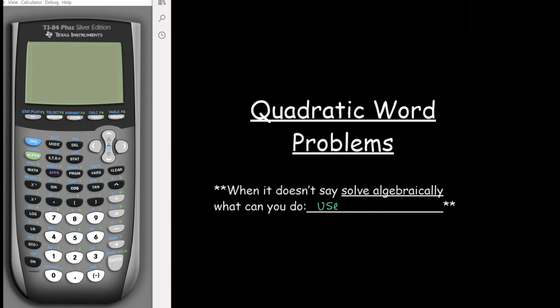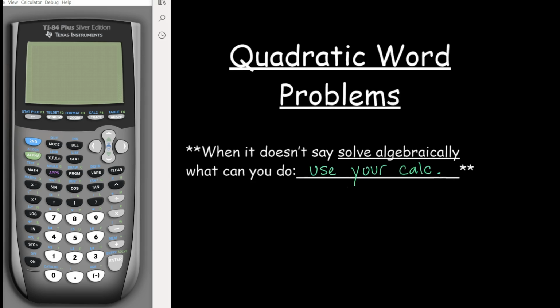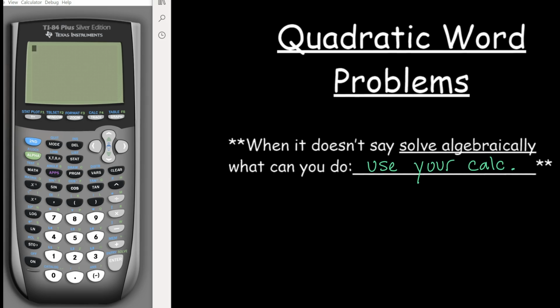You can use your calculator. If you prefer to solve things algebraically, go for it. When I was keying your test, I just solved everything algebraically because that's what I prefer. But of course, I know you guys don't have that love relationship I do with math. Maybe some of you do, I don't know.